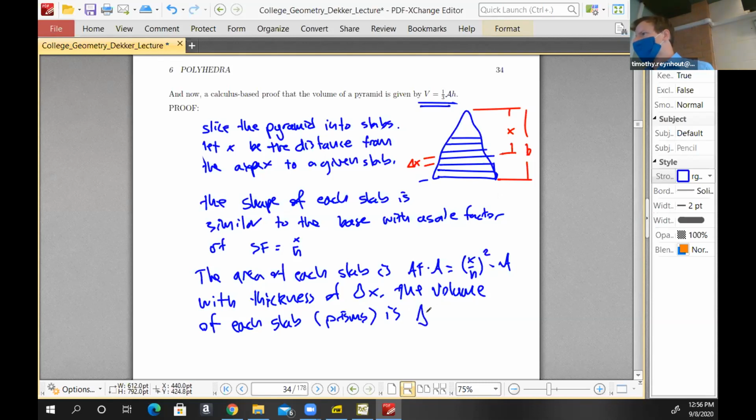It is the area of the base times the height, so x over h squared times A, the area of the base, times the height of the slab.